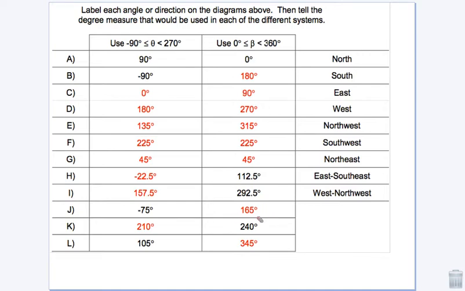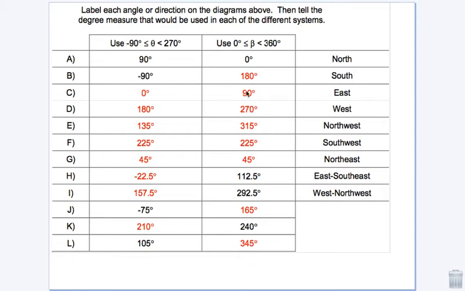Go to your compass, find the same letter, and start at north and see how far it is. It should be 165 degrees. And then 240 bearings, look on your compass, find that, find the letter. Go to your unit circle, find the same letter. It should be 210 degrees. And then on the unit circle, 105 degrees will be 345 bearings.